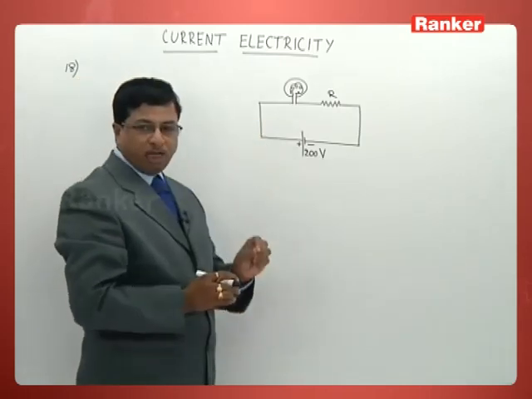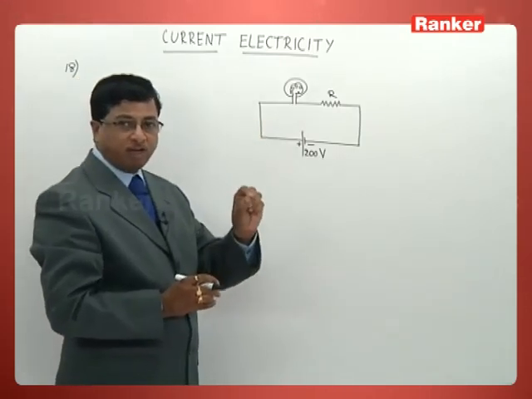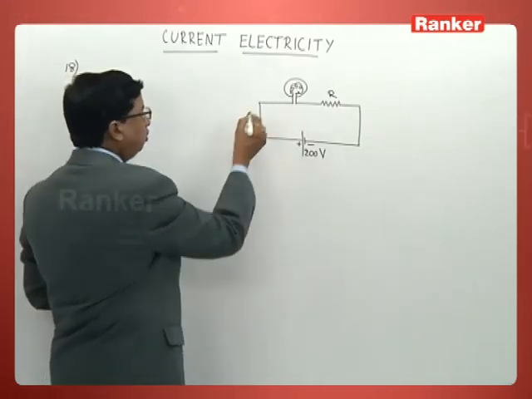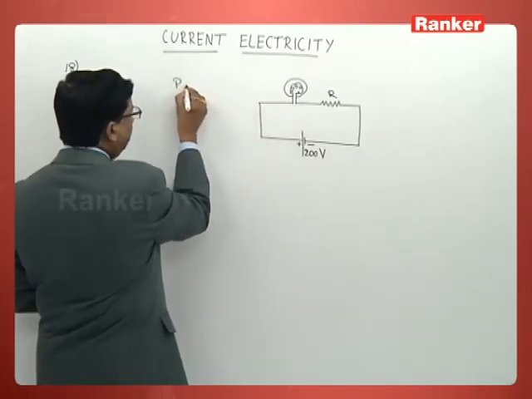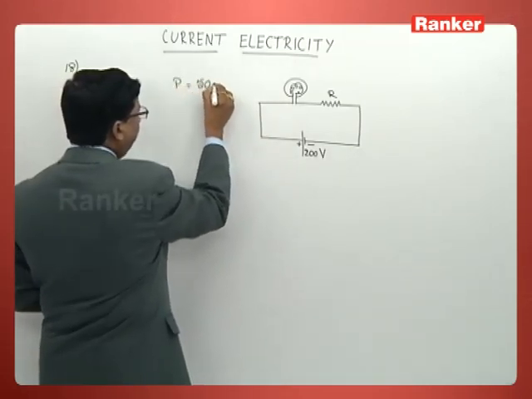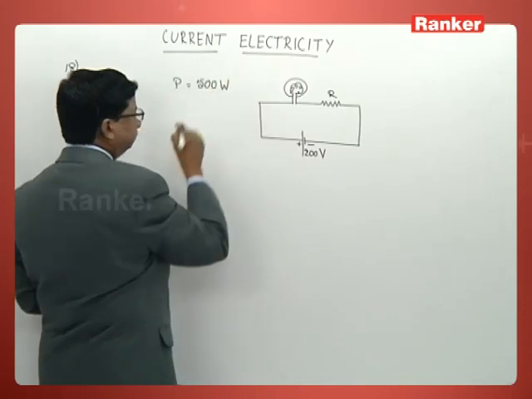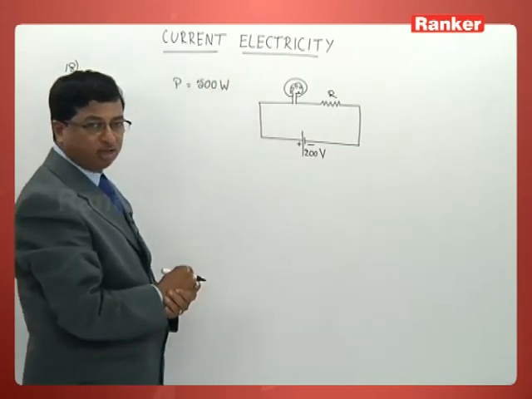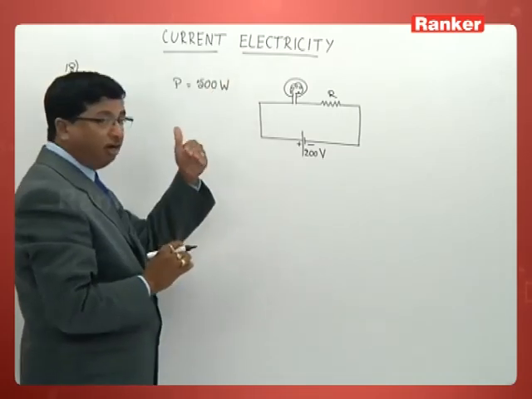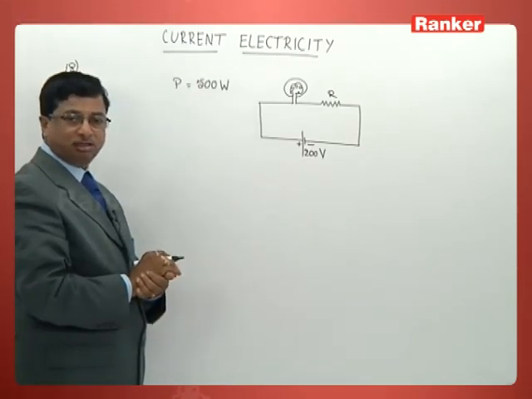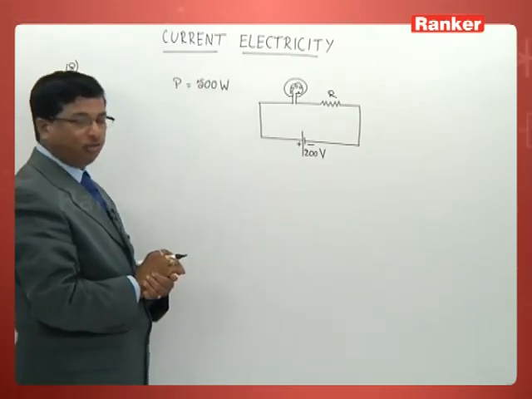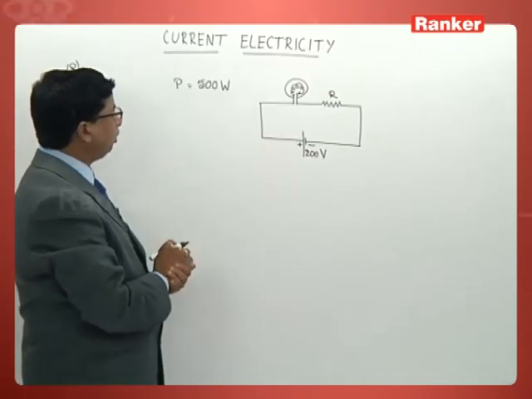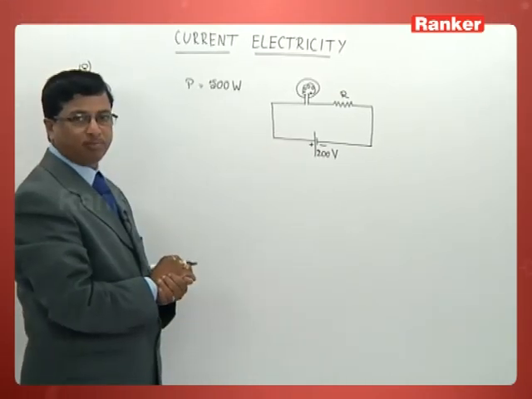An electric bulb rated 500 watt. So what is the power of this bulb now? 500 watt. Very clearly mentioned. At 100 volt, that is the point, it is used in the circuit of 200 volt.